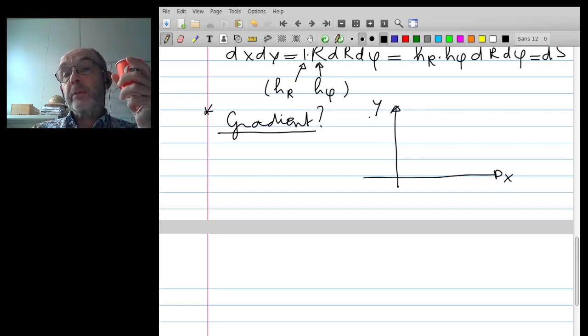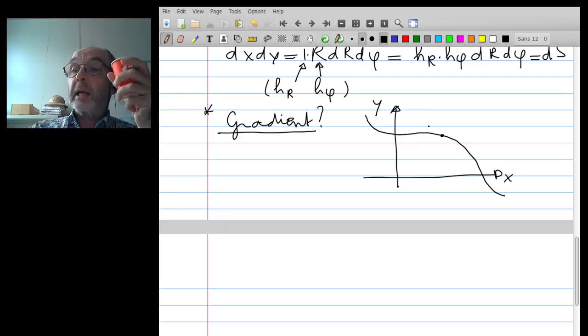There is some curve walking somewhere in it, and the points on the curve we can parameterize by the arc length. So let this be a curve, and that curve is parameterized by the arc length.